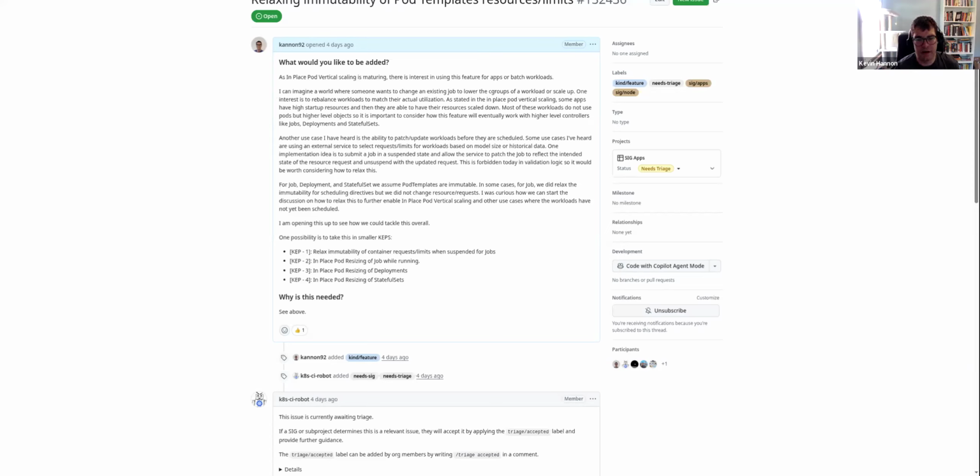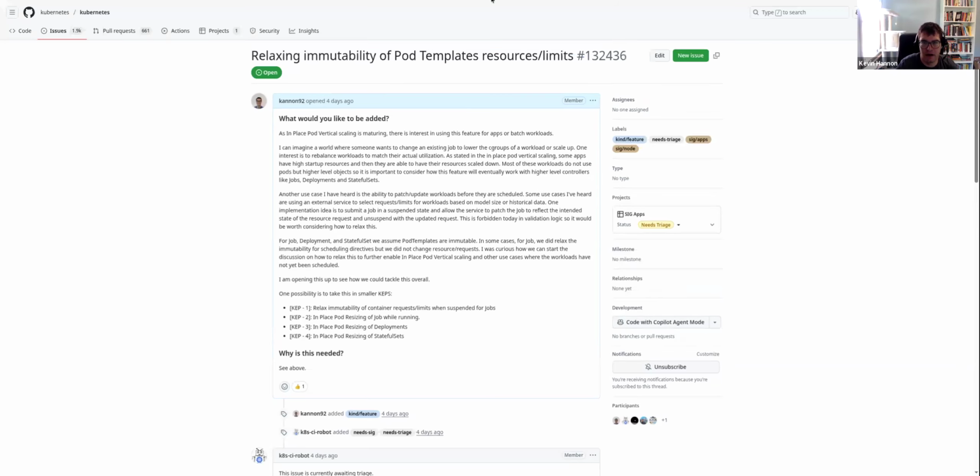But I want to know what our main plan is for how workloads utilize in-place pod resizing, and whether resizing when a job is suspended is in scope for this or not. This probably spans both SIG Apps and SIG Node, but that's it for me.